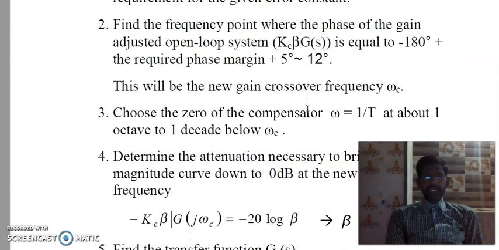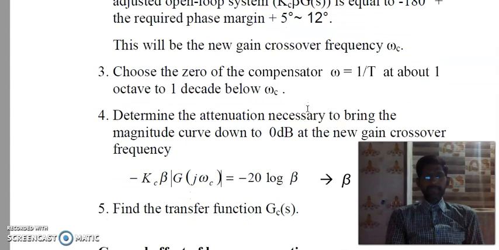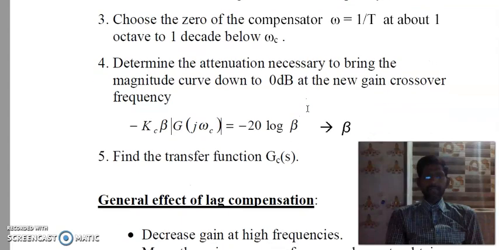This will be the new gain crossover frequency omega c. The third step is to choose the zero of the compensator omega equal to 1 by T at about 1 octave to 1 decade below omega c.